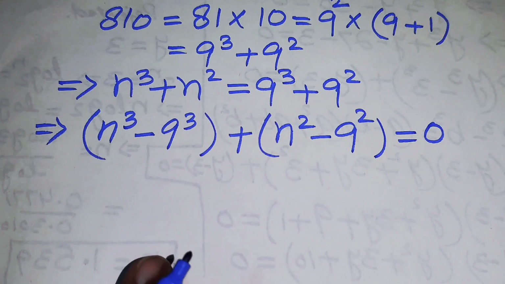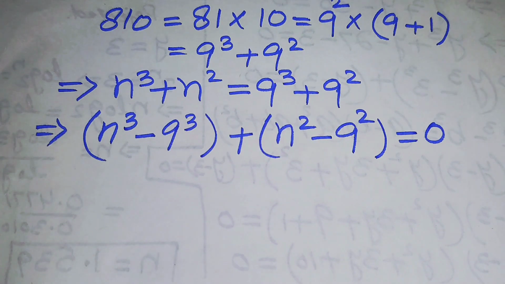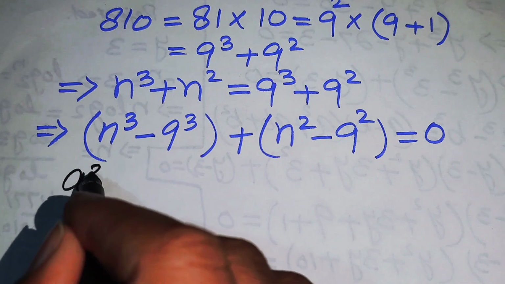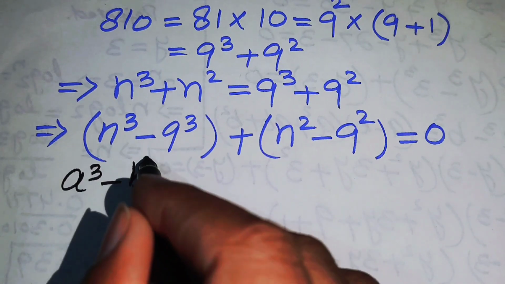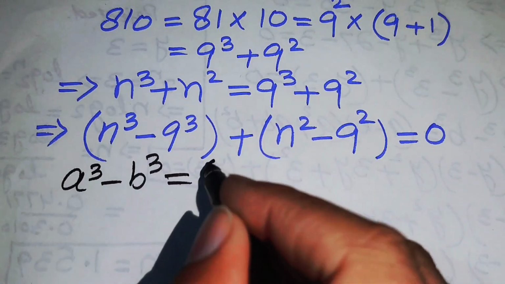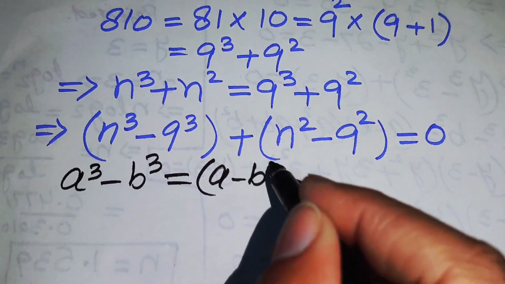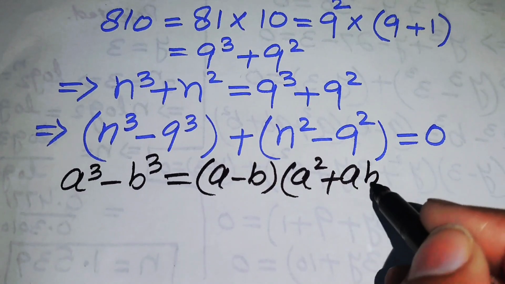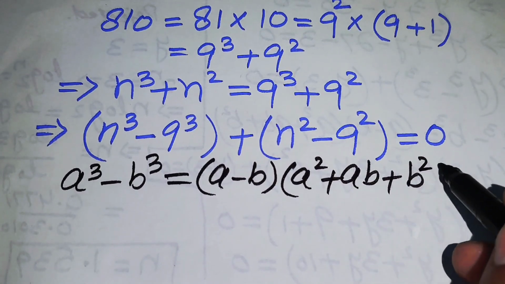So in the next step we need two formulas. The one is the cubic and the other is the square identity, and these are two well-known formulas. You know that a cubed minus b cubed equals a minus b times a squared plus ab plus b squared.